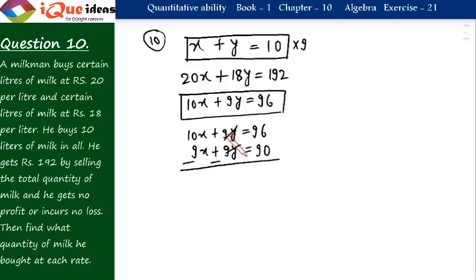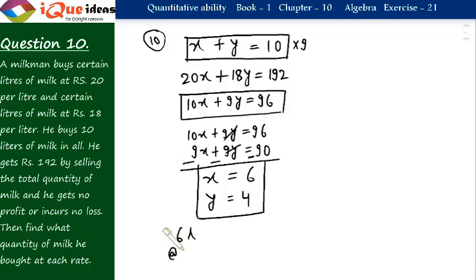We have 10x minus 9x is x, and 96 minus 90 is 6. Now x plus y equal to 10, so y is equal to 4. So that means he has bought 6 liters at the rate of 20 rupees per liter and 4 liters at the rate of 18 rupees per liter. Alright.